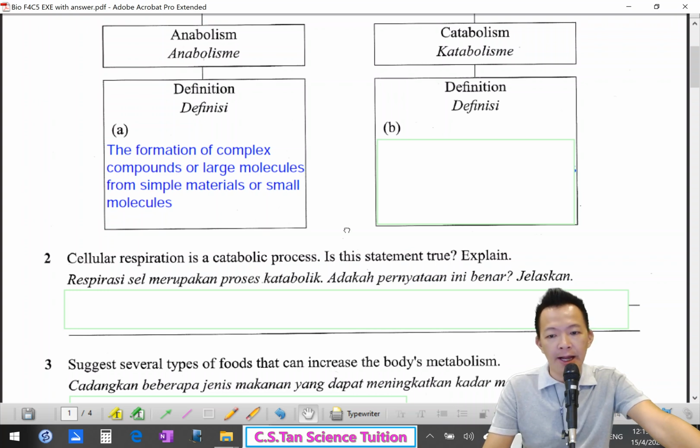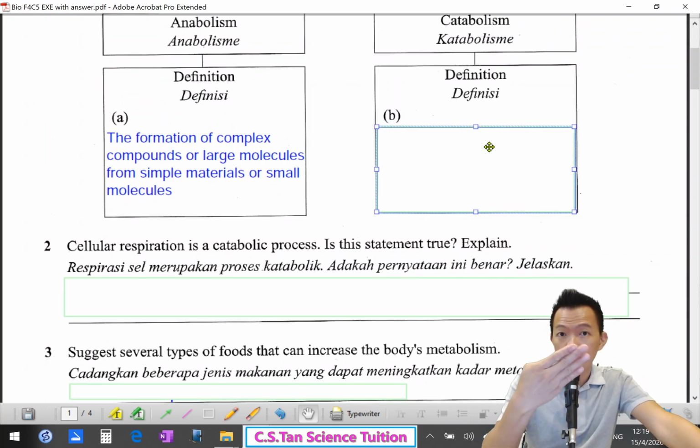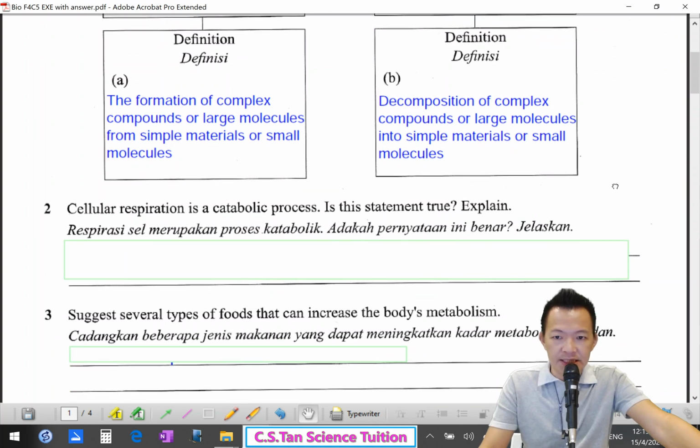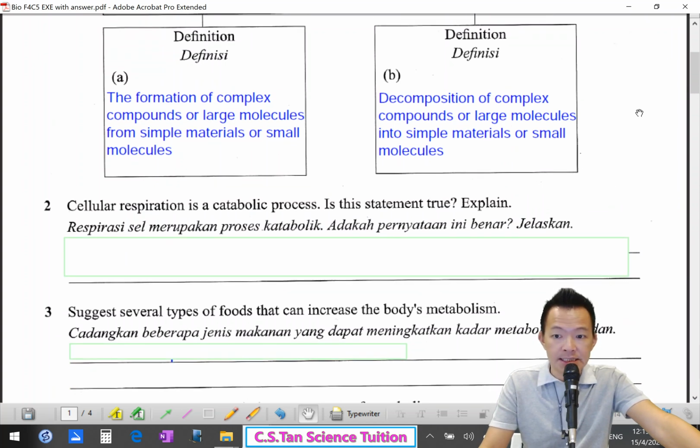Catabolism is a process of decomposing a large or complex molecule into simple molecules: the decomposition of complex compounds or large molecules into simple materials or small molecules.